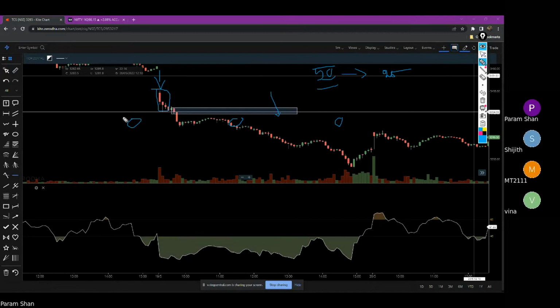So 3354 minus 25 means price should have gone to 3325. It did reach 3325.